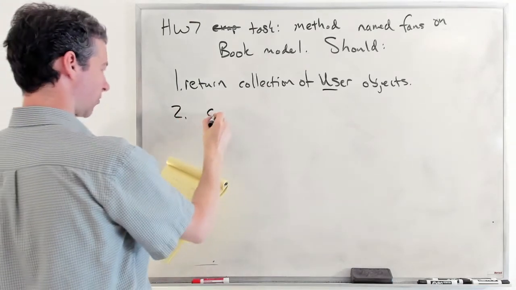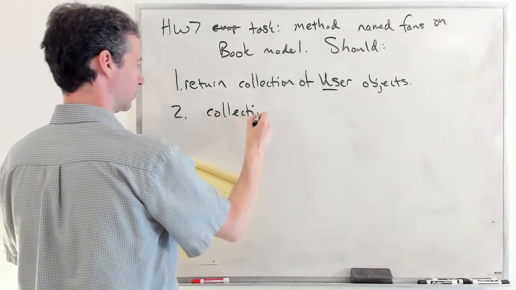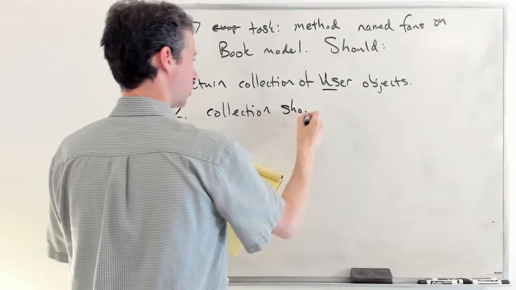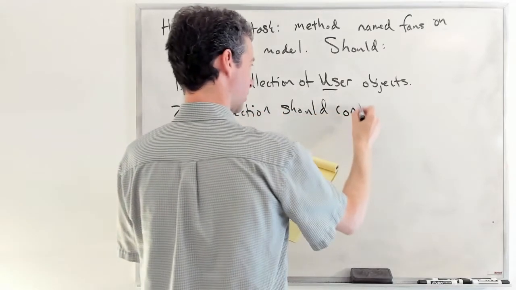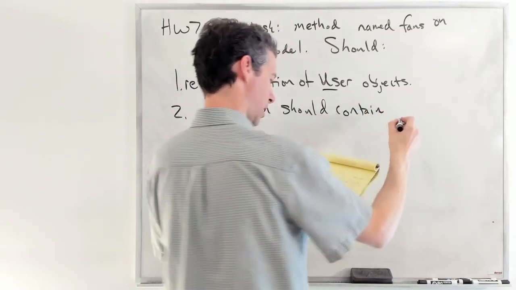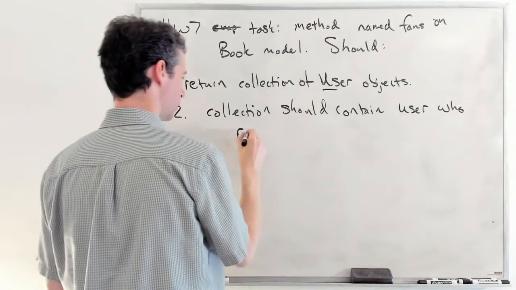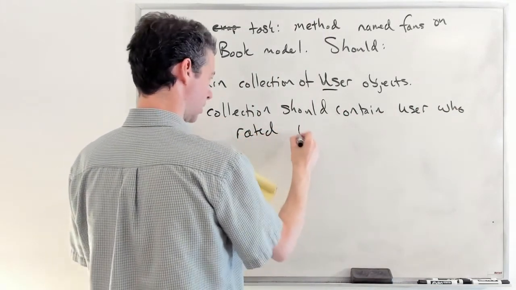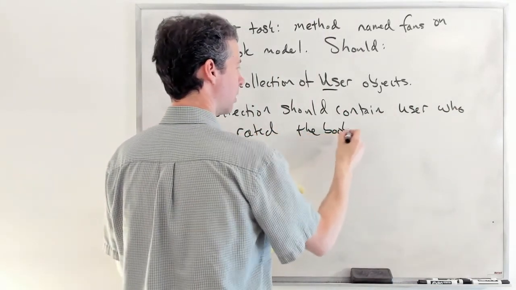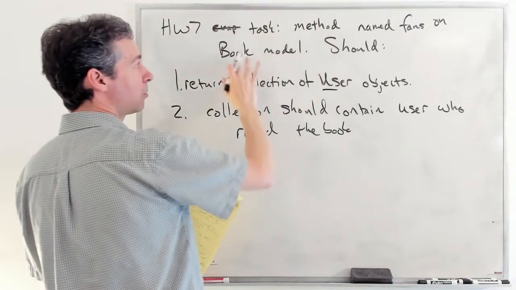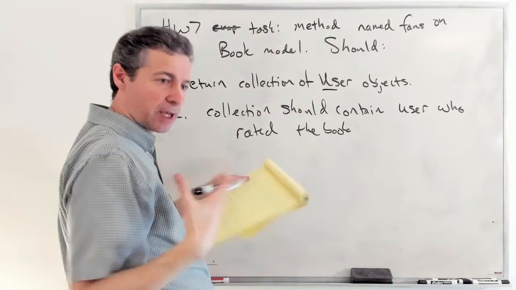Two, this collection of users should, let's give a specification of it, contain users who rated the book. Again, this is a method on a book object. So the book is like Ender's Game.